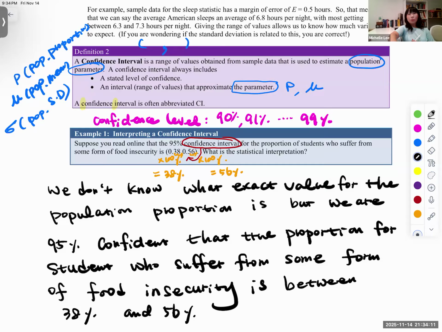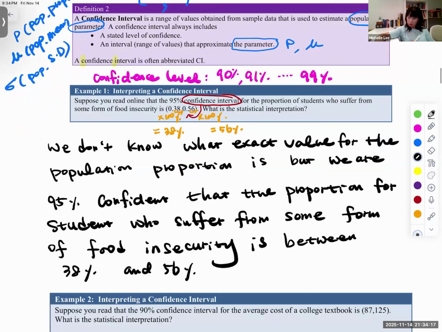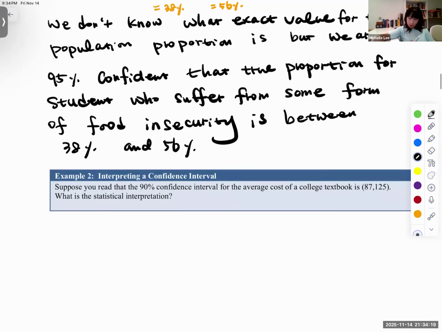Okay. How about this? Suppose you read that a 90% confidence interval for the average cost of a college textbook is 87 to 125. So it's the average cost. What is the statistical interpretation?